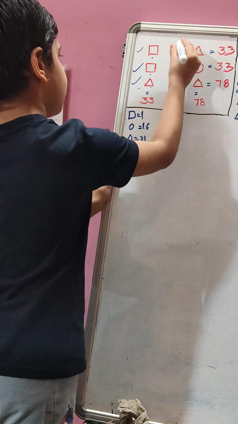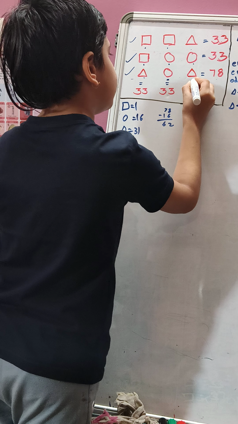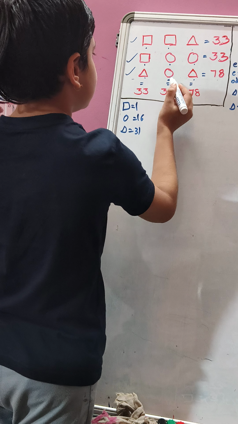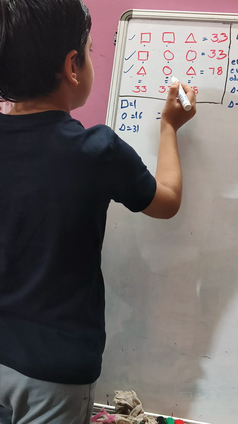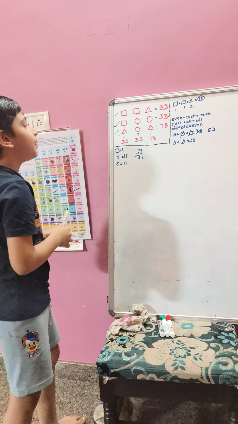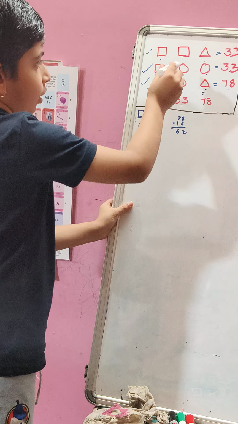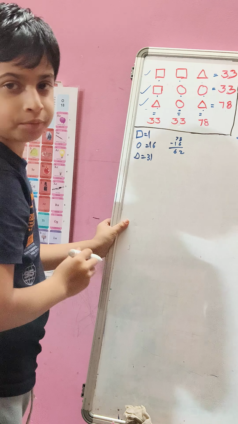And these also, triangle circle triangle, equal to 78. Here also you see triangle circle triangle is equal to 78. You got to see that everything is same. That's why you got the same answers here. And for today's class, we got to know this picture. Thank you.